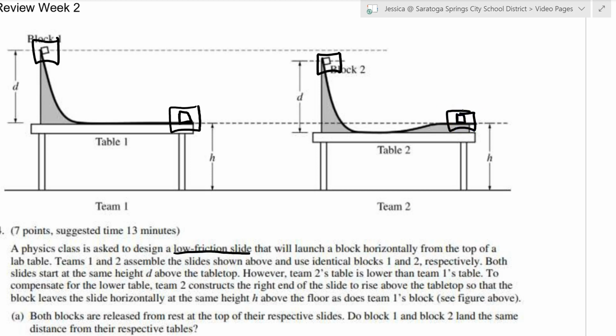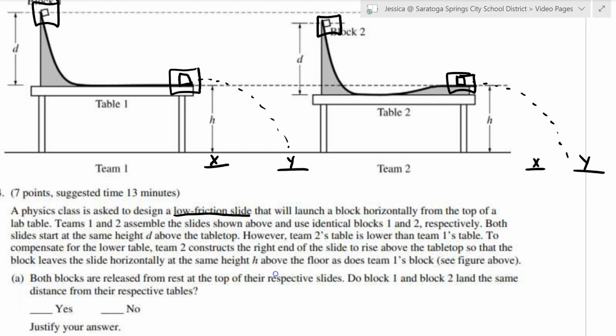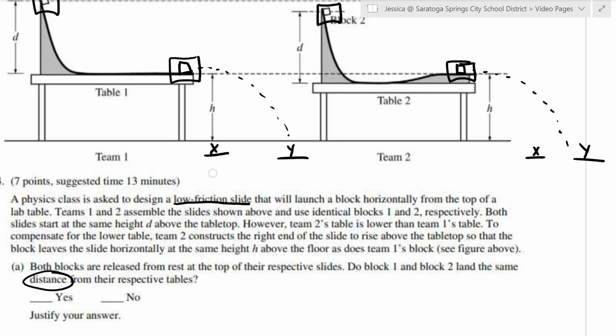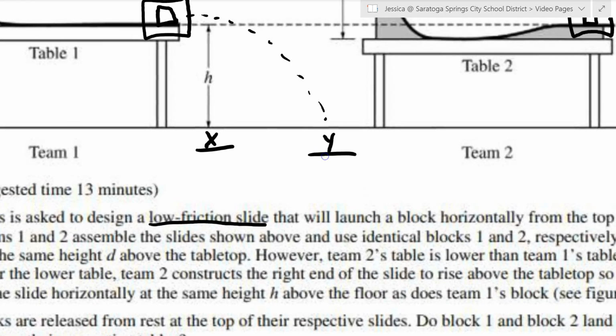So that's the first part, a conservation of energy part to begin with. From there, both of these blocks turn into a projectile problem, where we have motion in the X and Y direction. This first question is asking about the distance from their respective tables, so that's going to be an X direction thing.